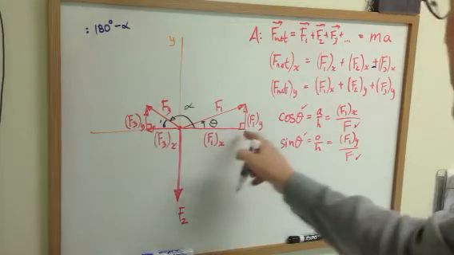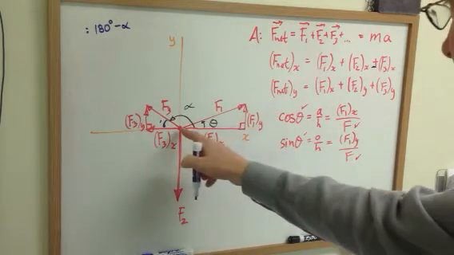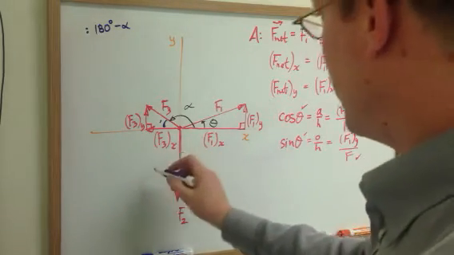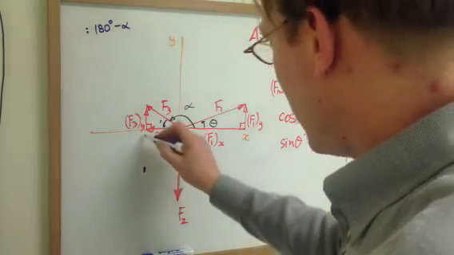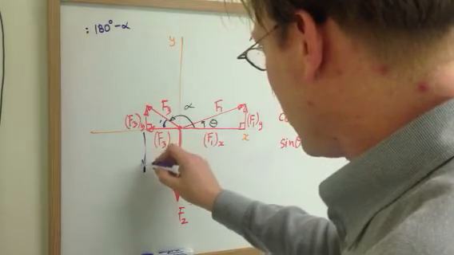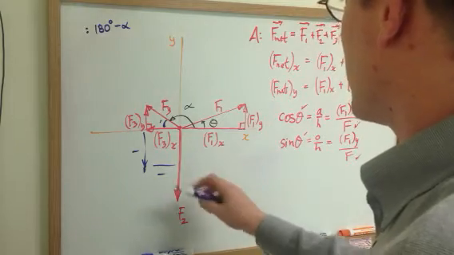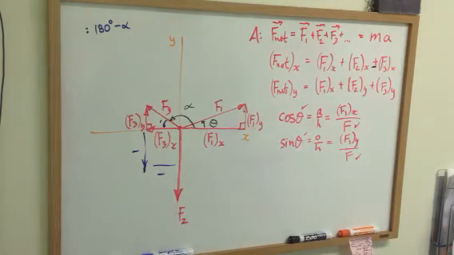F3y is going to be positive, F1y is going to be positive, and F1x is going to be positive. So you should be able to recognize that if you are down here, this is a negative vertical direction, this is a negative horizontal direction, and so be careful with your signs.